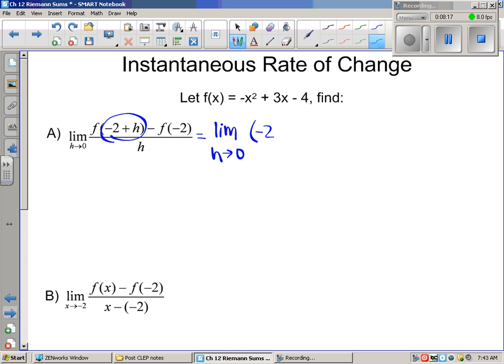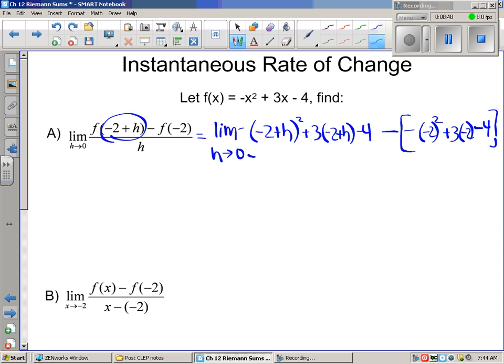So it would look like this: negative 2 plus h squared plus 3 times negative 2 plus h minus 4, that's just the negative 2 plus h part, minus f of negative 2. So if I plug in f of negative 2, that would be minus a negative 2 squared, and I didn't put the negative in front of that, that'll mess me up later, so plus 3 times the negative 2 minus 4.